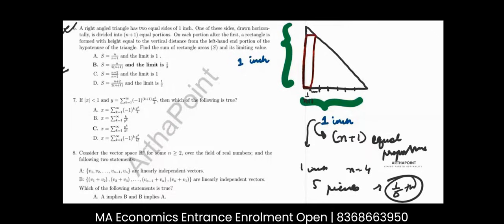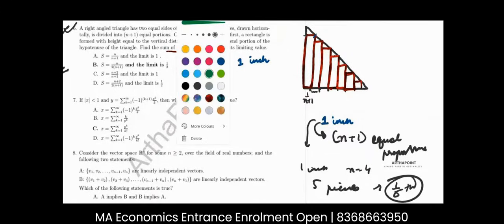This is the first rectangle, this is the second rectangle, third rectangle, fourth rectangle, fifth rectangle, sixth rectangle, like that. I have formulated various rectangles. Now it says find the sum of the rectangle areas.